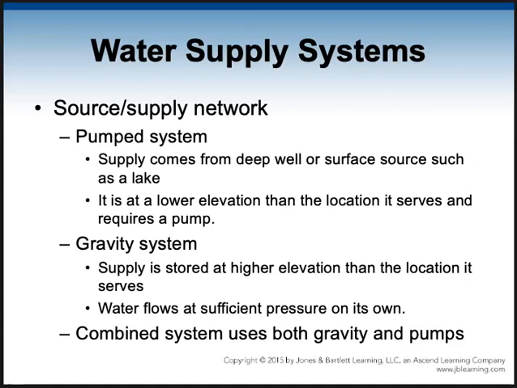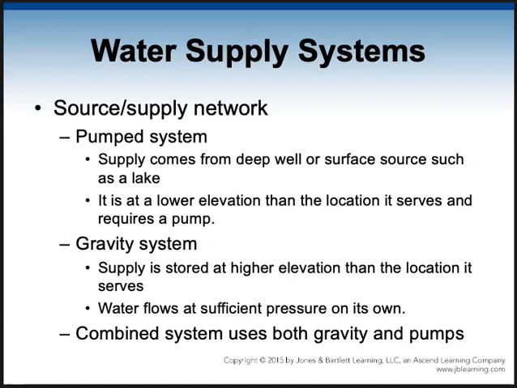There are 3 different basic kinds of systems out there. Pumped systems are more common in areas that are close to a water source. Gravity systems are used a lot in communities like here in Southern California, where we have lots of hills around.